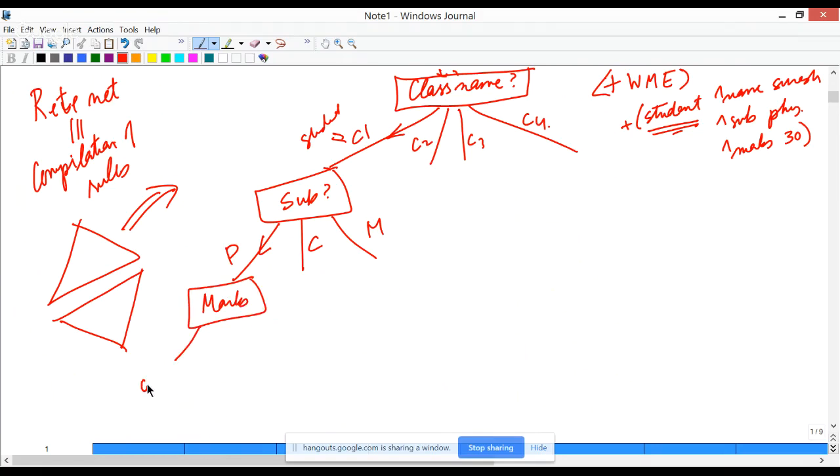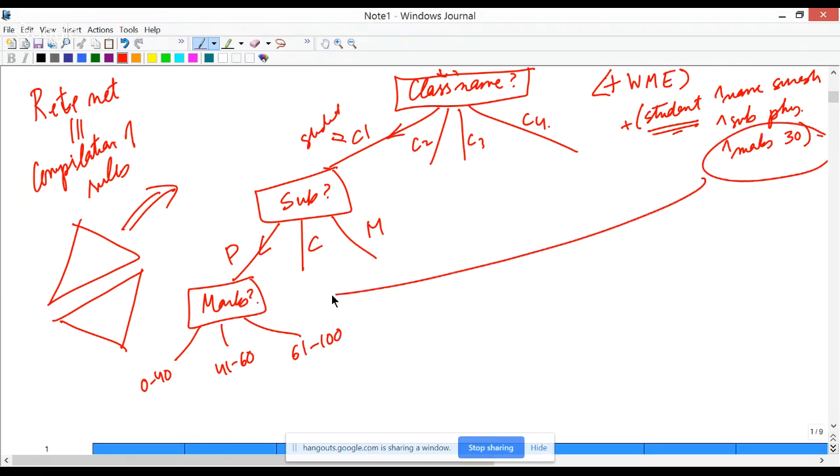So it may be 0 to 40, it may be 41 to 60, it may be 61 to 100. Let's say we have only 3 ranges. Then this part will answer this question as to what the marks are. In this case, the marks are 30, so the token will go down in this direction.